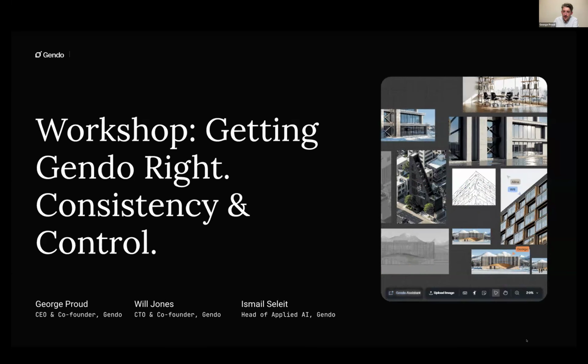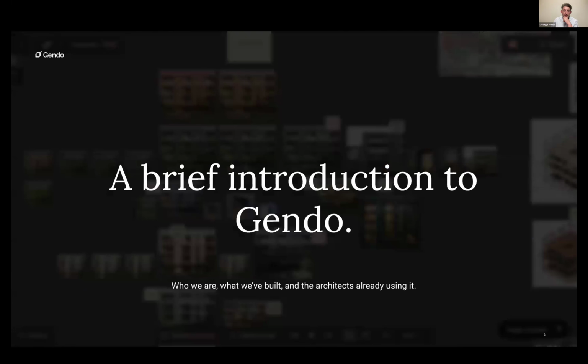Thank you, Joe. Thank you, everyone. Pleasure to have you again and to be doing another webinar. I'll just introduce Gendo briefly for those of you who are not totally familiar, but Gendo is a browser-based platform for architects and designers to leverage the latest in all the crazy AI and ML technology that is emerging around us.